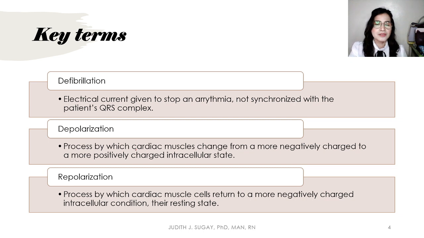So here are some key terms that we need to understand more as we go along with the topic. So we have defibrillation. This refers to electrical current given to stop an arrhythmia, which is not synchronized with the patient's QRS complex.